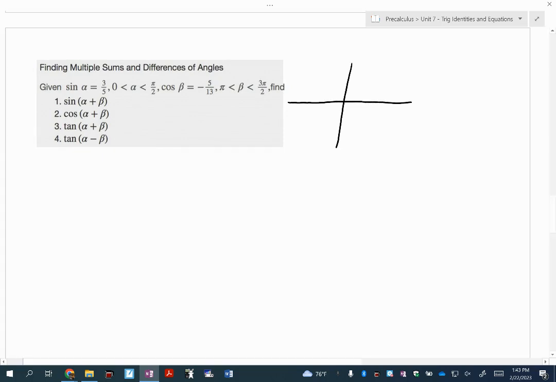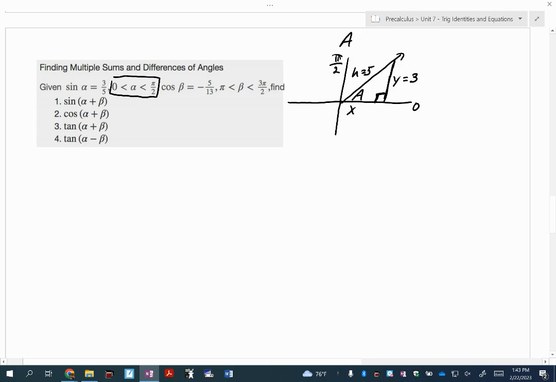So what I'm going to do is, this is angle alpha, and it's telling me that angle alpha is between 0 and pi over 2. So 0, pi over 2. So let's do just this angle here. So this is angle A. And if I were to make a right triangle, it's telling me that the sine, which is the same as opposite over hypotenuse, opposite is 3, and the hypotenuse is 5.